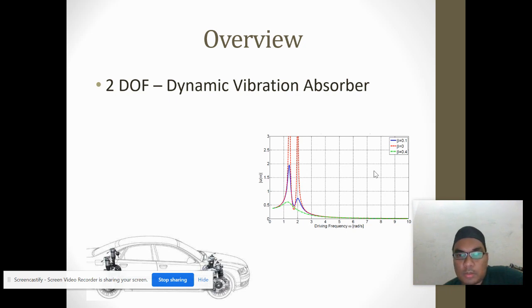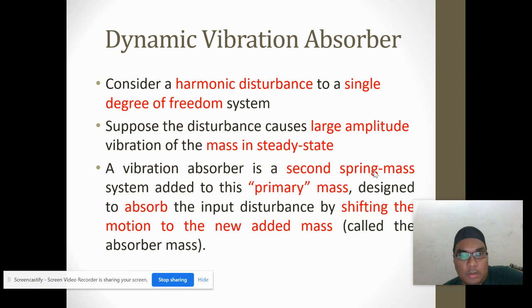Basically, we have to consider a harmonic disturbance to a single degree of freedom system. For this topic, we add on the dynamic vibration absorber system, and then the system will become a 2 degree of freedom system. The added degree of freedom is to reduce the vibration of the single degree of freedom system.